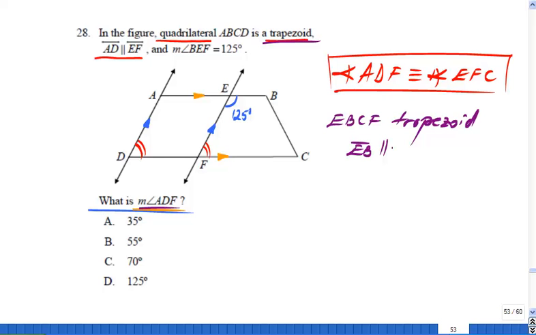And I know segment EB is parallel to segment CF, because AB is parallel to DC. I mean, ABCD was a trapezoid. Well, knowing that, I've got line EB. If you want, you can use lines instead of segments here. Line EB and line FC, parallel lines cut by a transversal.